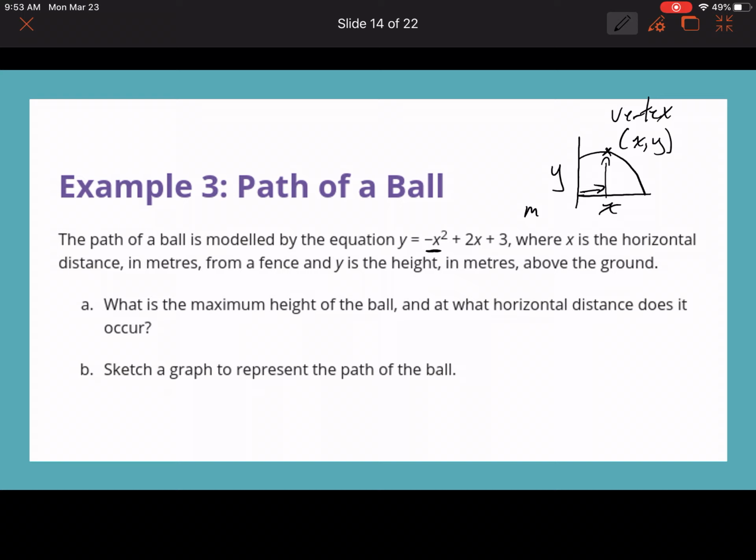So at what maximum height? So our maximum height would be y. And at what horizontal distance? So horizontal distance is our x of our vertex. And then we're going to sketch it.